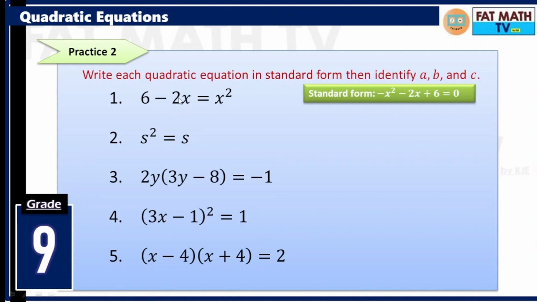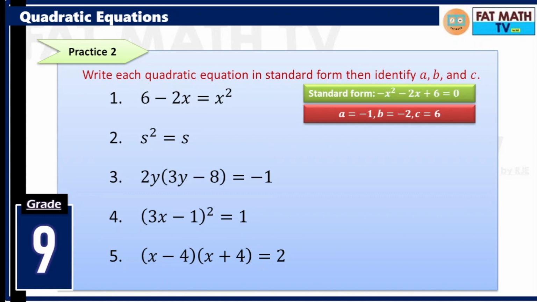You just put the positive x squared to the left side and then rearrange them in such a way that the quadratic term will be first, and then the linear term, and then the constant term. So you're going to have negative x squared minus 2x plus 6 equals 0. So a is negative 1, b is negative 2, and c is positive 6.